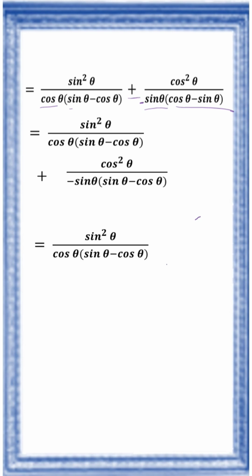So this is equal to sin square theta, this one, upon cos theta into sin theta minus cos theta, plus this one cos square theta upon sin theta into sin theta minus cos theta. But now we have to change this sign as negative. So now we have LHS like this.